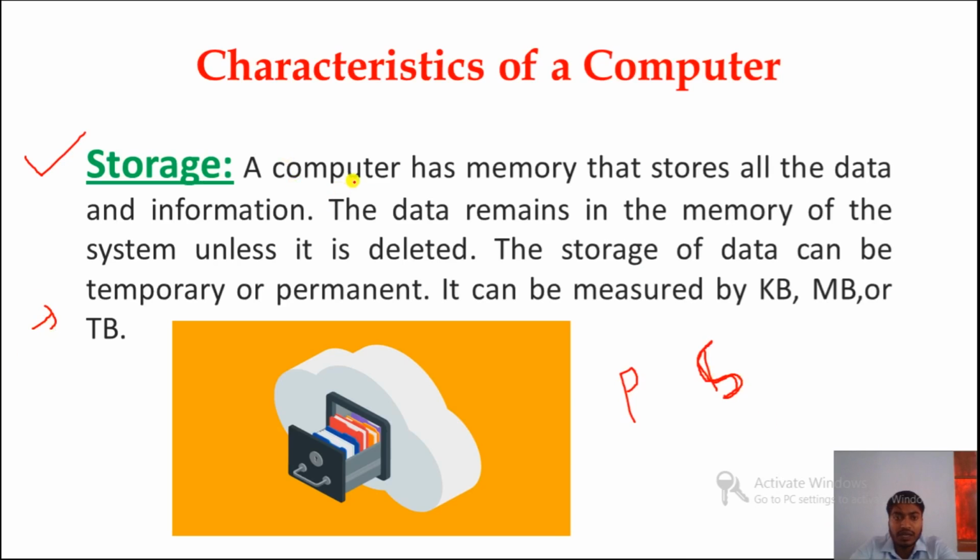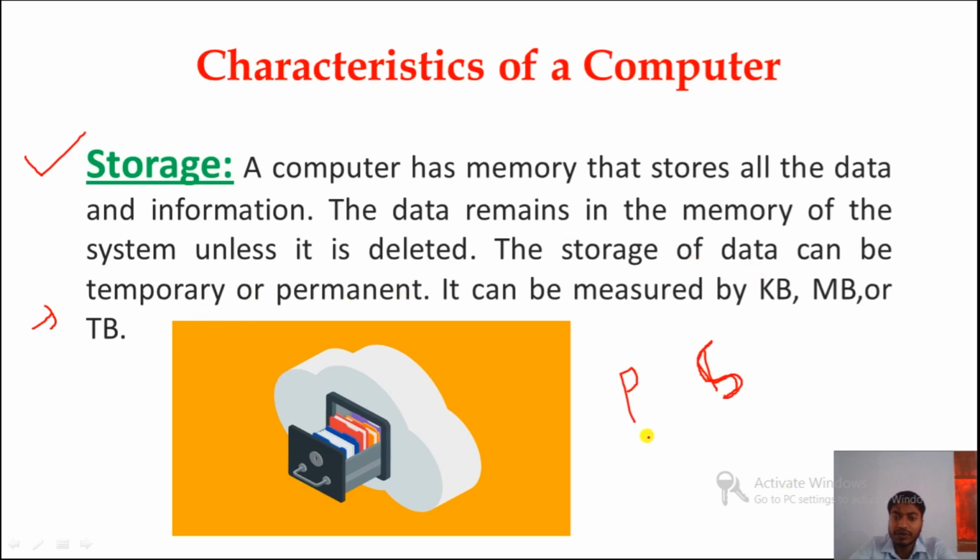A computer has memory that stores all the data and instructions. The data remains in the memory of the system unless it is deleted. Once you store your data in secondary storage devices, it will be stored permanently unless you delete it. The storage of data can be temporary or permanent.